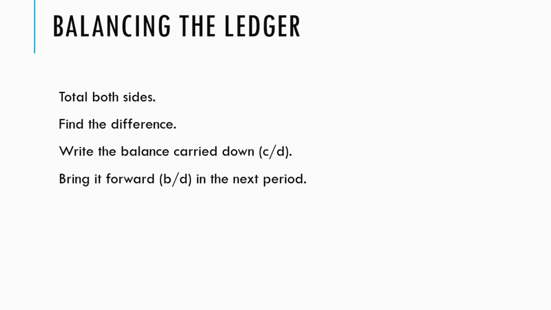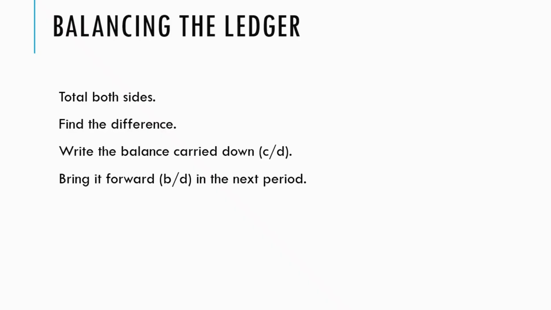Now, when we have classified all the transactions and put them in particular accounts like cash account, purchases account, sales account, or maybe the drawings account or the particular creditors account, the next step is to balance the ledger. Yes, we are going to balance our ledger accounts. How to balance the ledger accounts? Total both the sides of your ledger account, as in credit and debit.